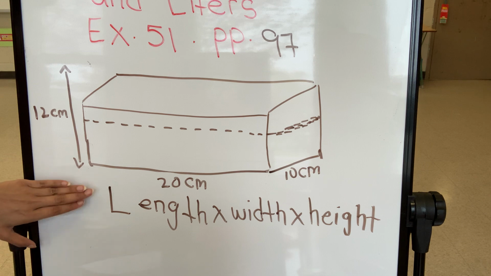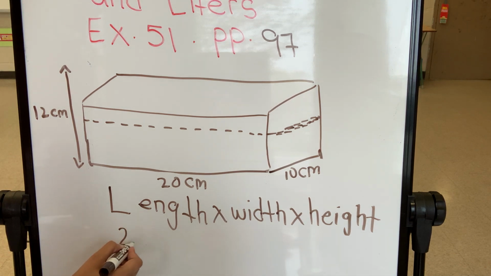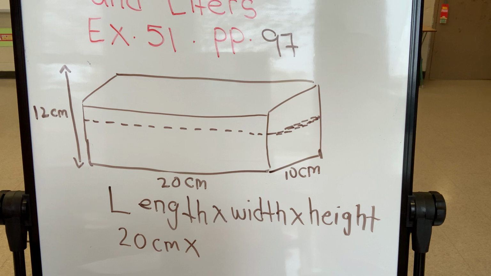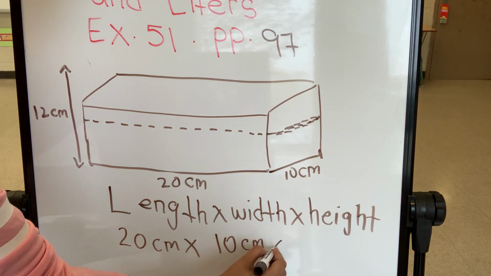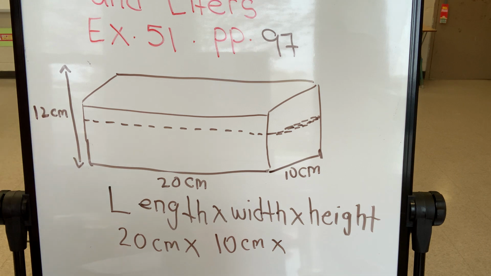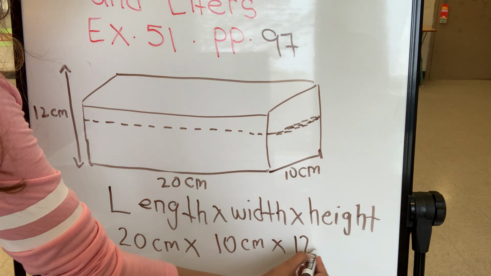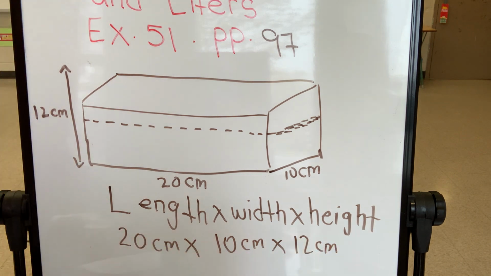So I'm going to write down my numbers. My length is 20 centimeters. My width is 10 centimeters. And my height is 12 centimeters. Right?